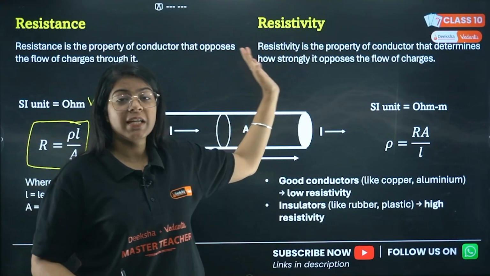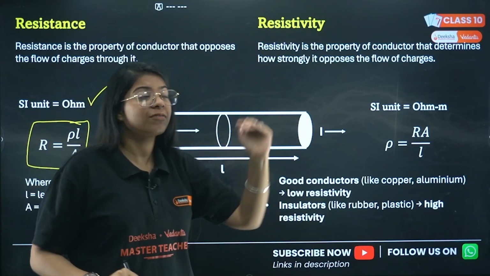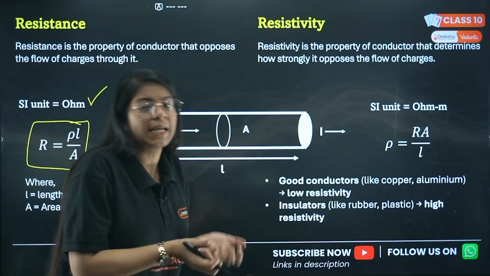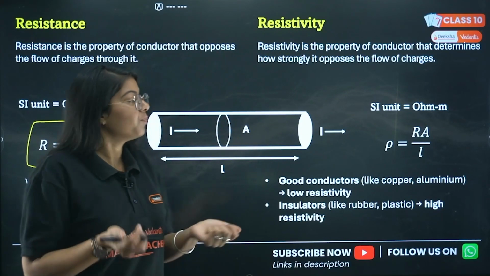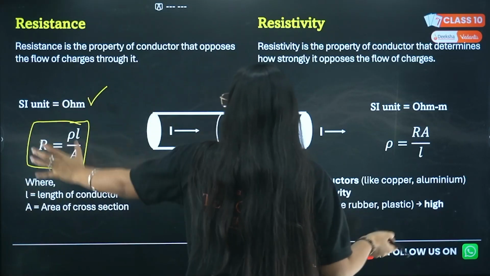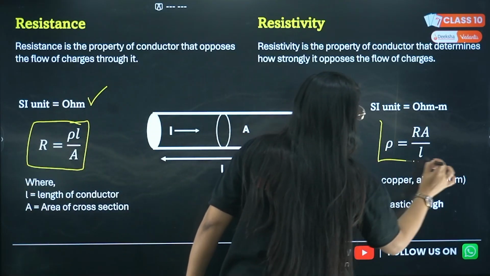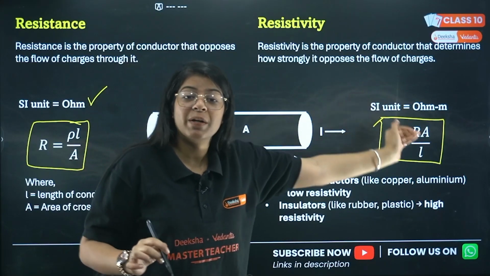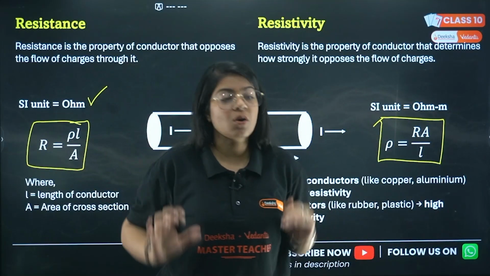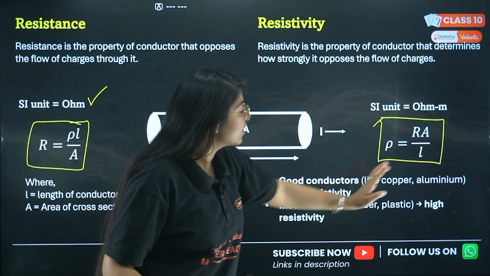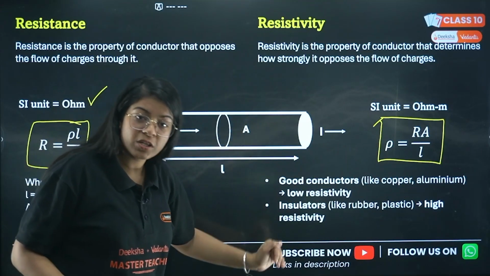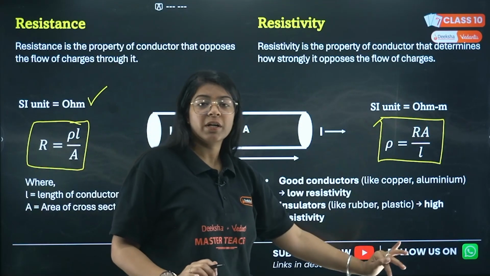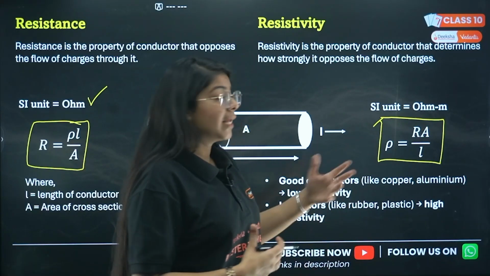Moving on to resistivity. Resistivity is the property of that material that determines how strongly the charge will be opposed. Correct? We just rearranged this formula and got the formula of resistivity. SI unit for resistivity is ohm meter. For resistance it was just ohm. And we have good conductors like copper, aluminium, they have low resistivity, high conductivity. And insulators, they have high resistivity, low conductivity, like wood, rubber, plastic.